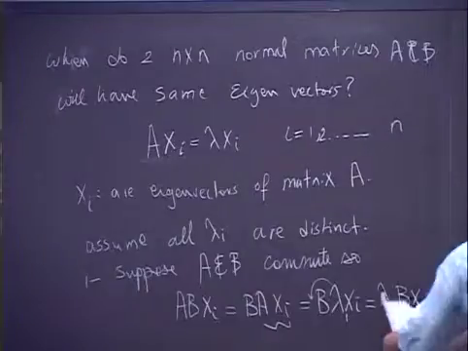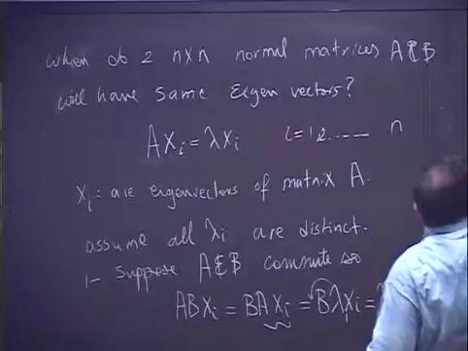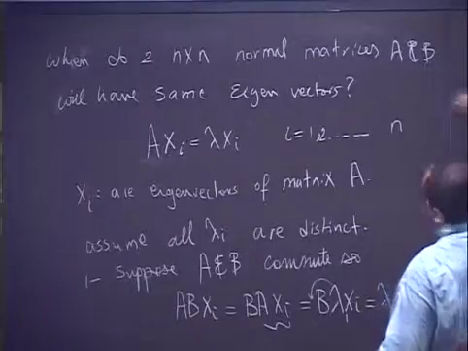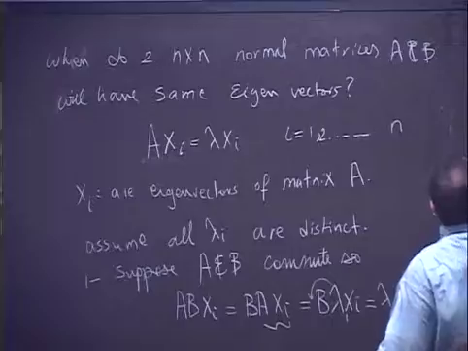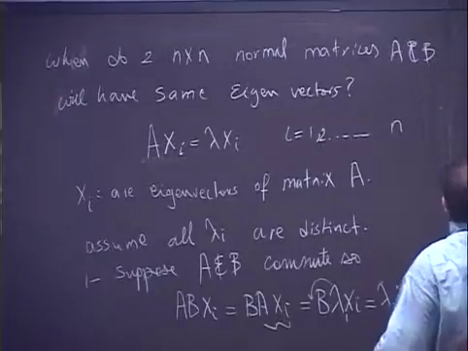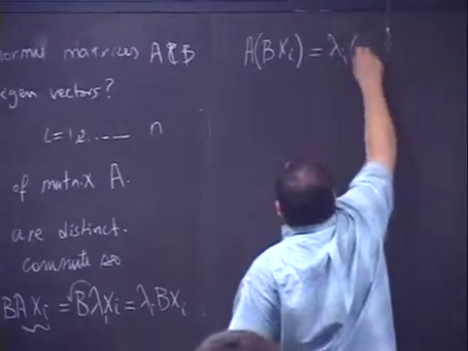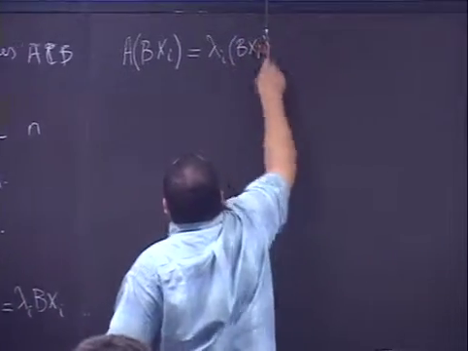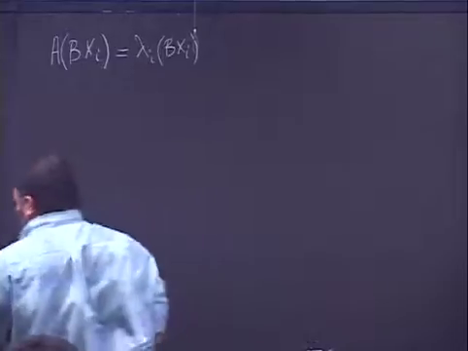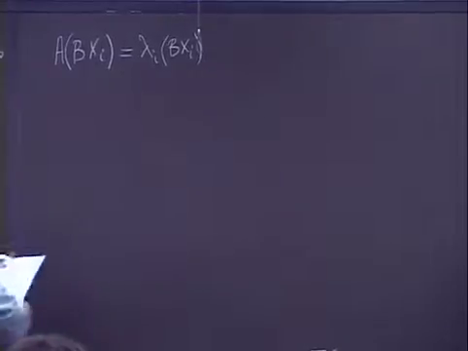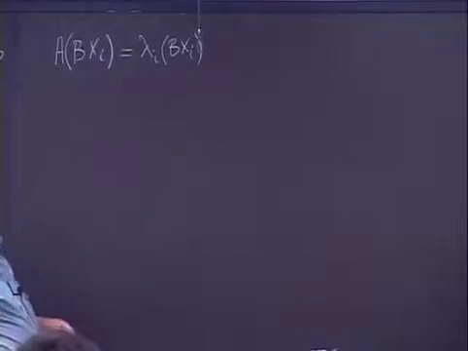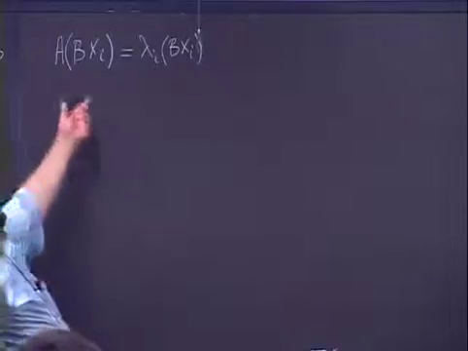So what does it mean now? It means that I can write A B Xi equal to lambda i B Xi. What does this equation mean? This is an eigenvalue problem, yes? And what's the new eigenvector now?